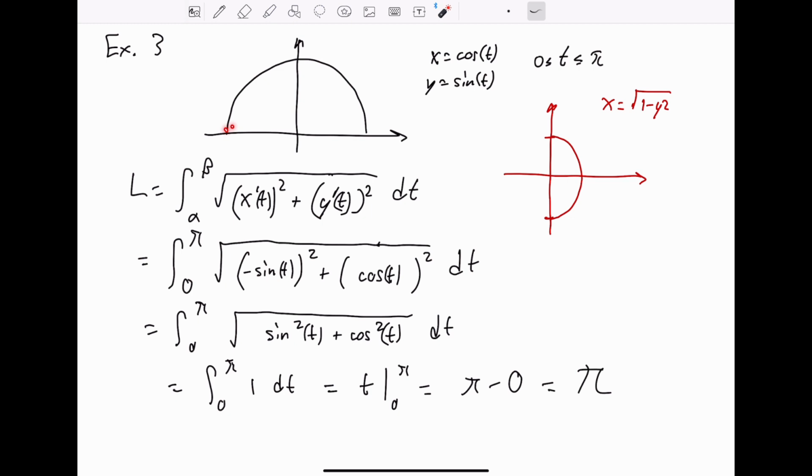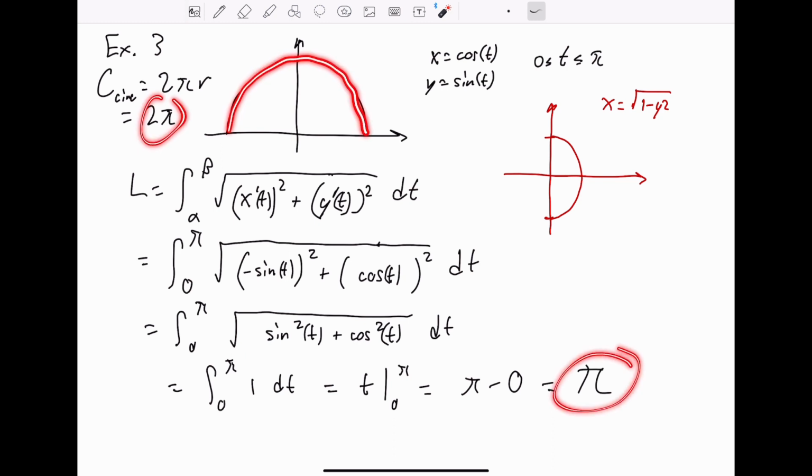Now, this is half of a circle of radius 1. The circumference for a circle is 2 pi r. Here we have a radius 1, so the circumference of the entire circle would be 2 pi. We're taking just half the circle, so half of 2 pi is simply pi.